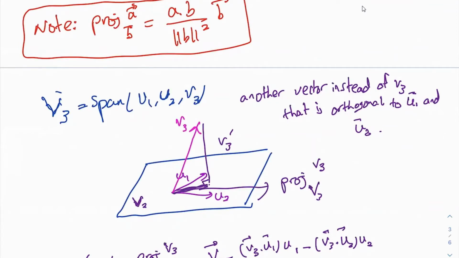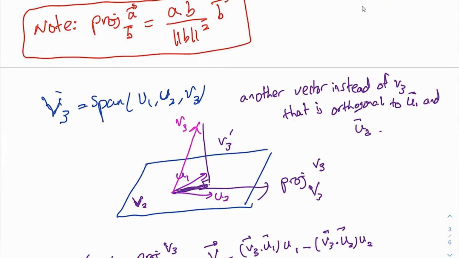Remember, V1, V2, all the way to Vk are bases, and U1 and U2 are derived from V1 and V2. So V3 is independent of U1 and U2, but is not necessarily orthogonal to these two, right? So our goal is to find the representation of V3 that is orthogonal to both U1 and U2 and has unit norm.